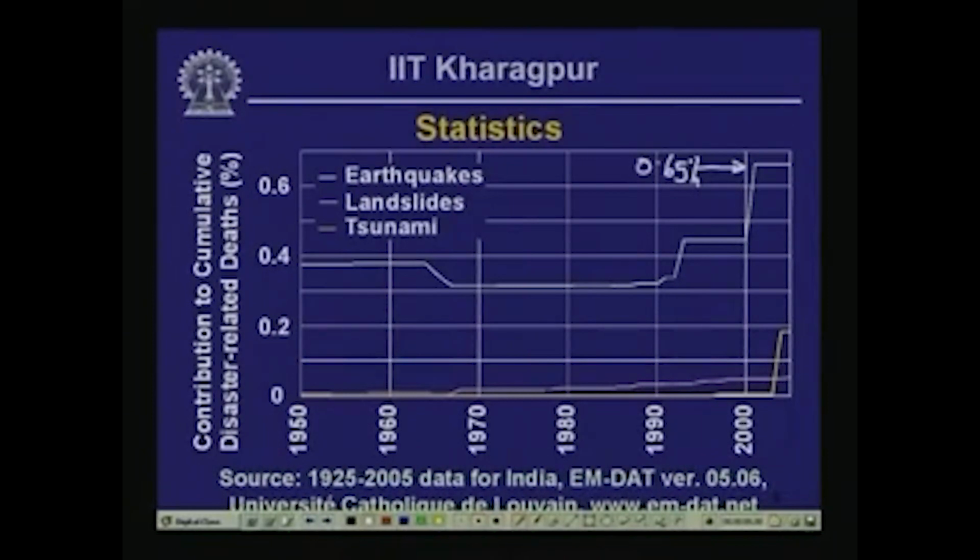And natural disasters include drought, flood, and all other causes that are not really related to geologic factors, which are thus not within the scope of this particular course. So, what we see here is that the contribution is relatively modest, even when you consider the highest individual contribution to disaster related deaths.